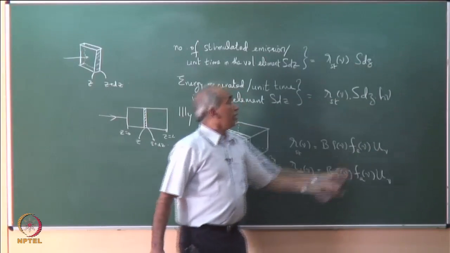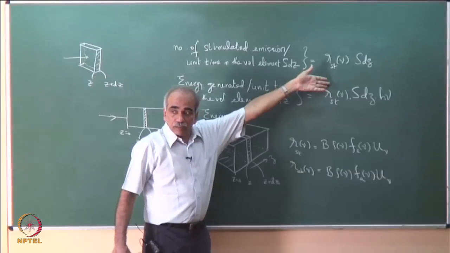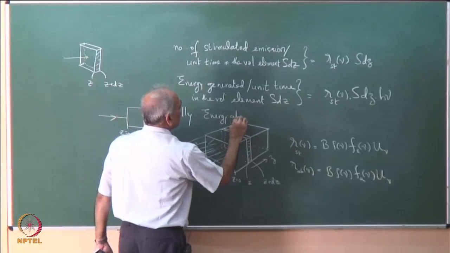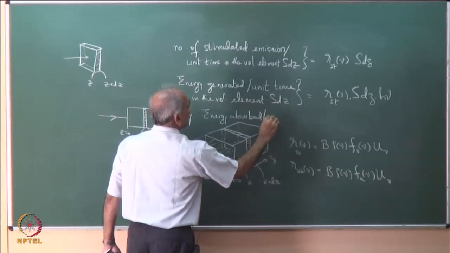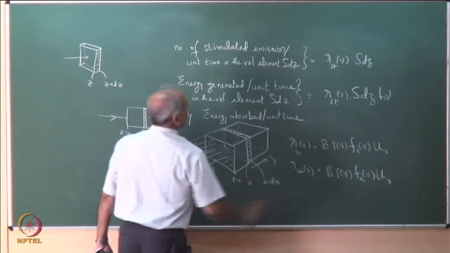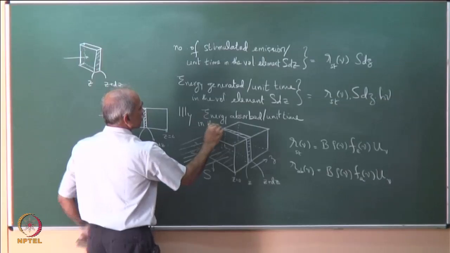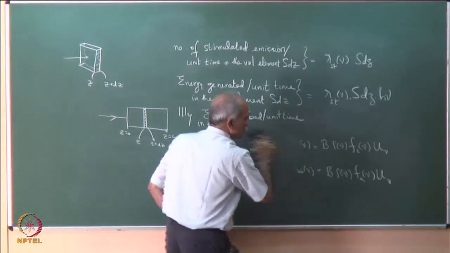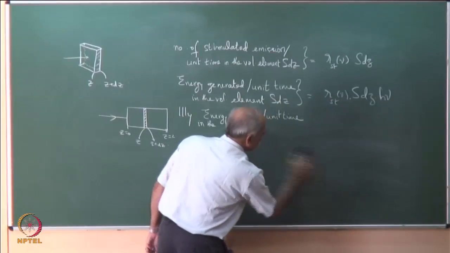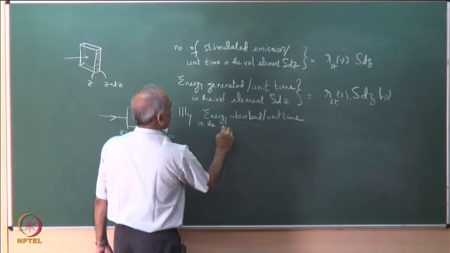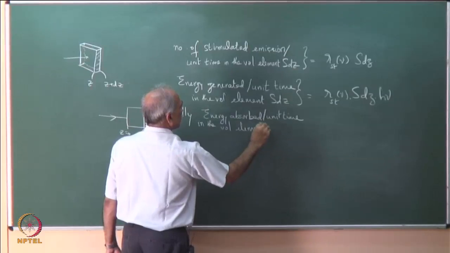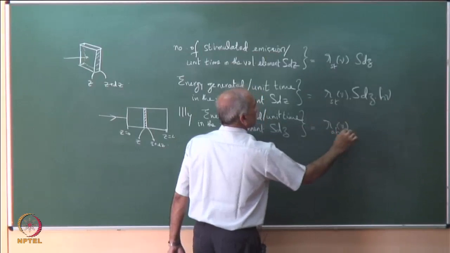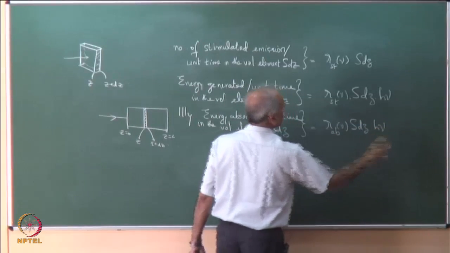S dz is the volume, and therefore, the energy absorbed, or energy lost, per unit time in the volume element S dz is equal to R A B into S dz into h nu.